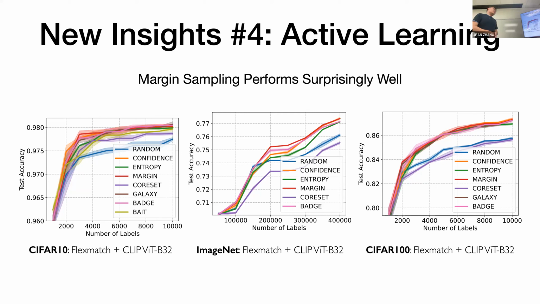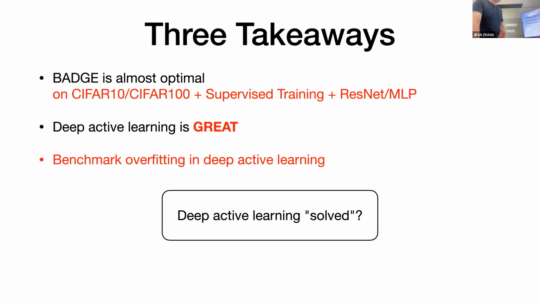But maybe we actually are going in the right direction now, because here margin sampling is the red curve, and it's basically better than or on par with the pink curve, which is batch. And basically what that suggests is that we are really overfitting to the benchmarks that we have been evaluating against. So that opens up a lot of future work.